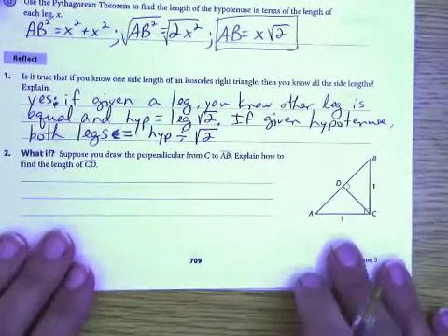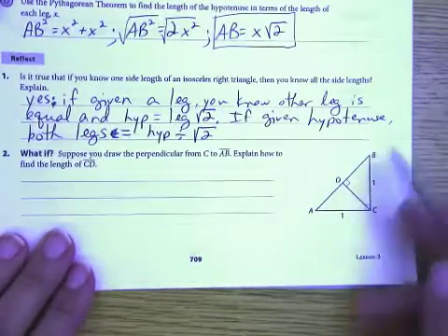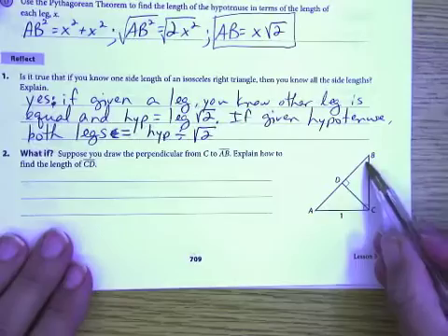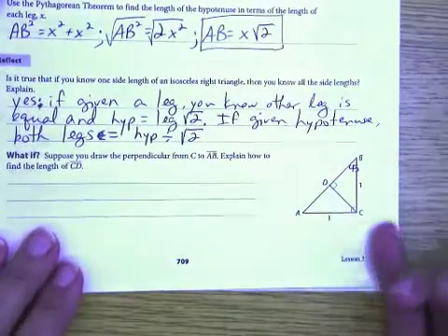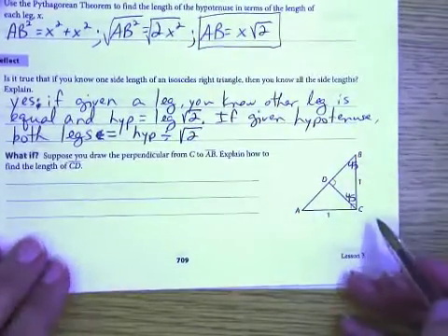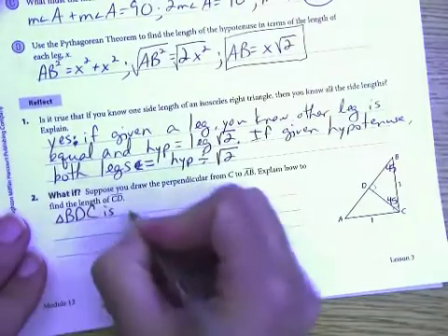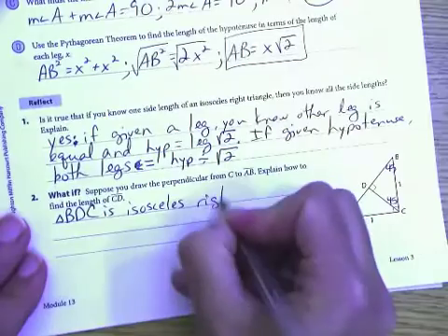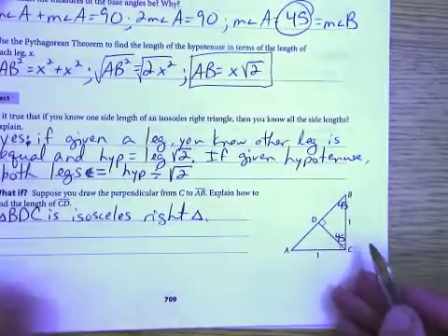So in this right triangle, suppose I draw the perpendicular from C to AB. How would I find the length of CD? Well, we already know that the measure of angle B is 45. And if this is 90, then what am I left with? Another 45 degrees. So then I know triangle BDC is an isosceles right triangle where 1 is the hypotenuse.